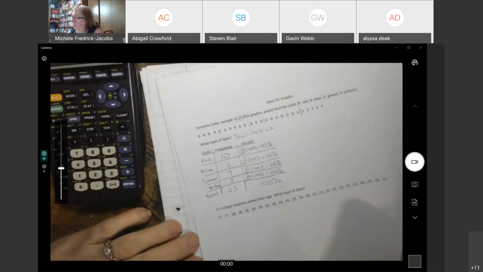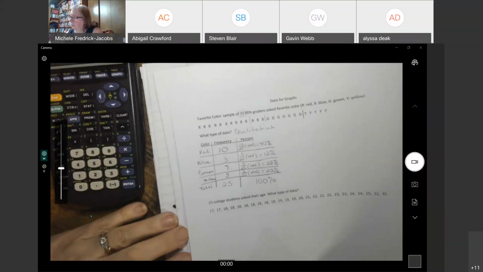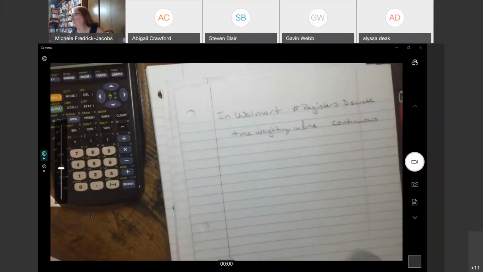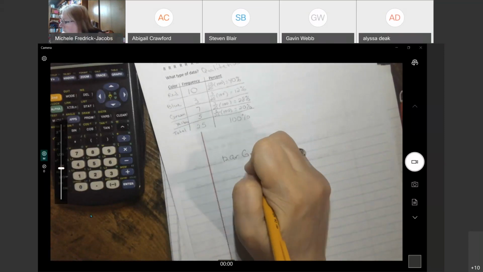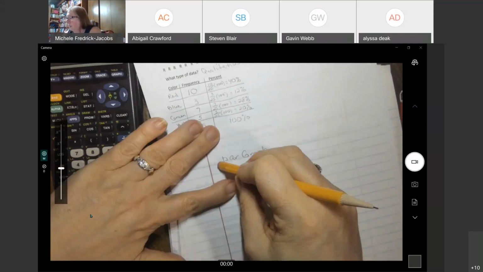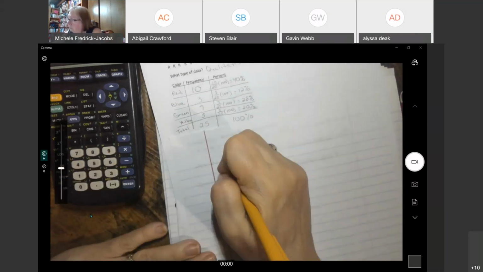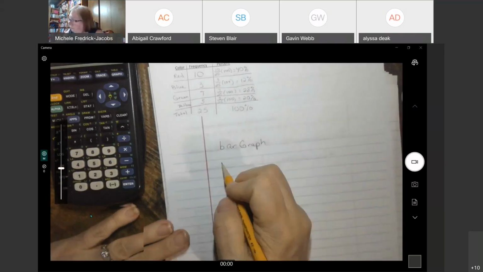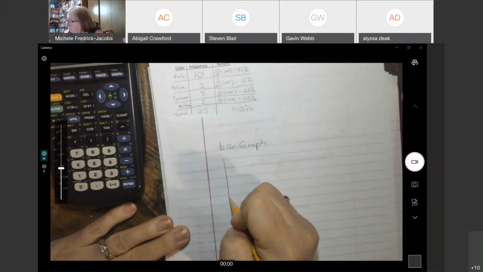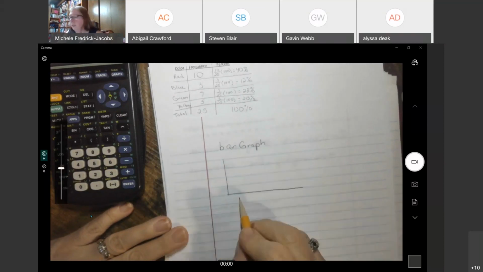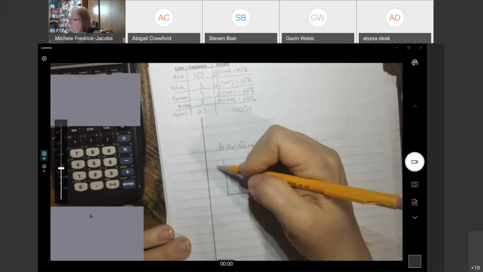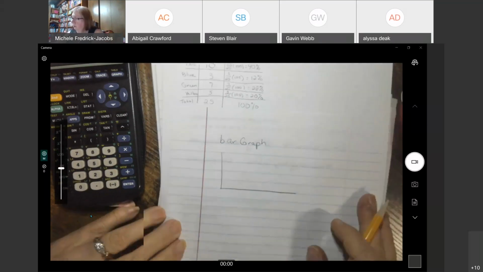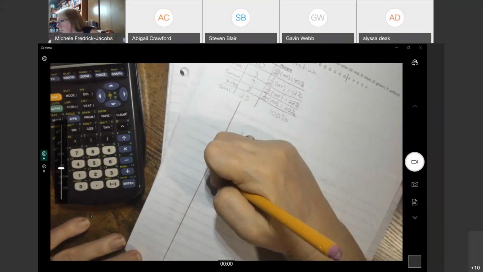I'm going to draw the bar graph. I'm going to run out of room. A bar graph is just that, bars. You list each of your data on the bottom, and then the frequency goes up. So our frequency was number of students.